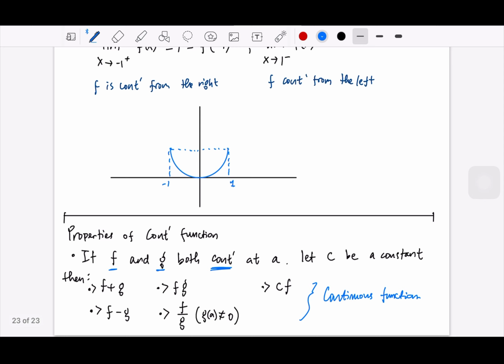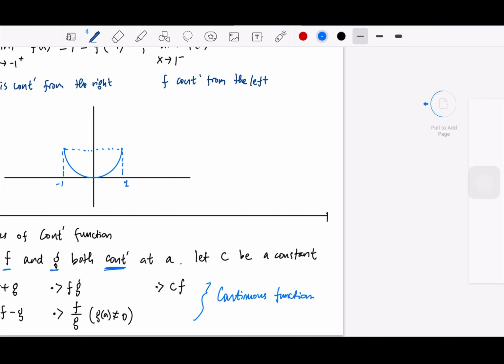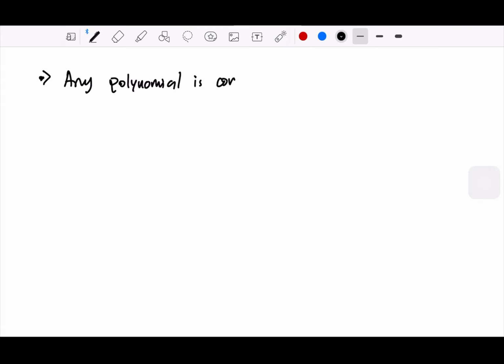So let me just go through another theorem. Any polynomial is continuous everywhere.